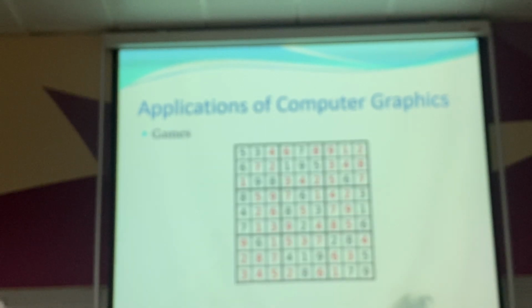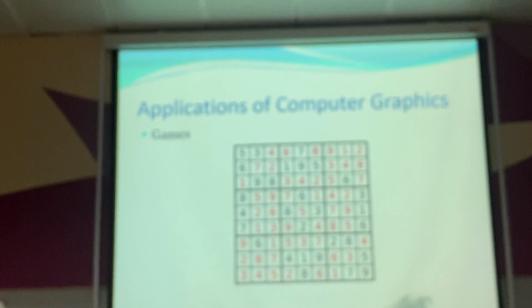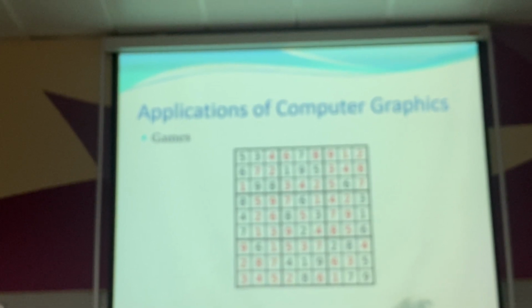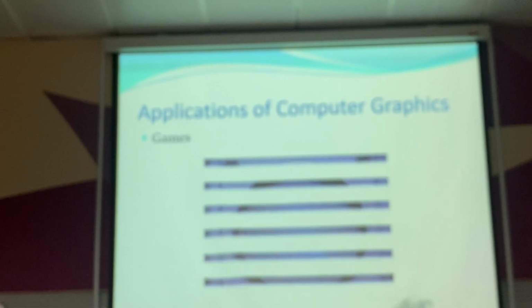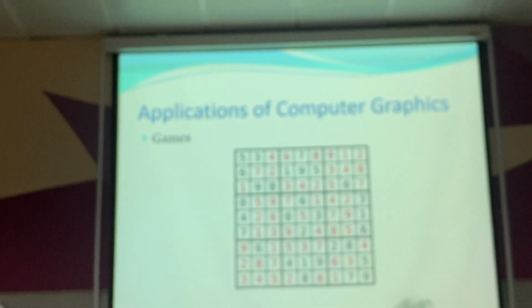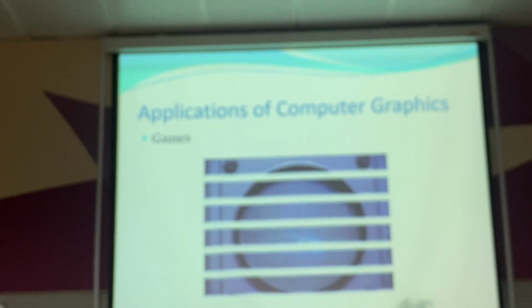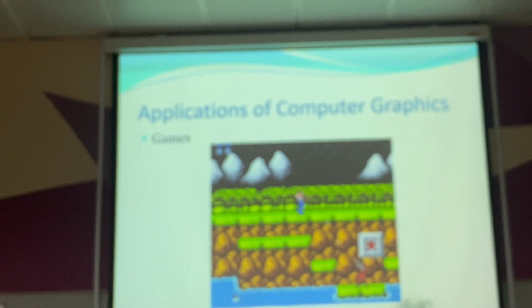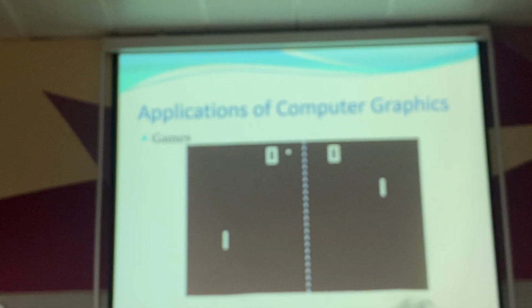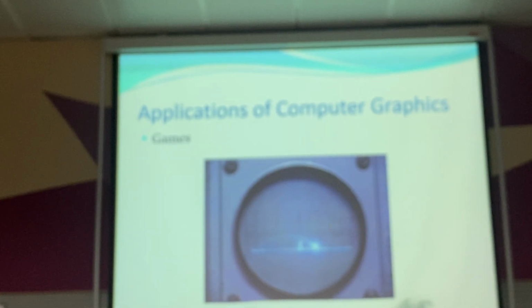So that's why CG is also widely used in games. This one everyone knows. This is the history of games from last time. Now we go to the evolution, the color changing.